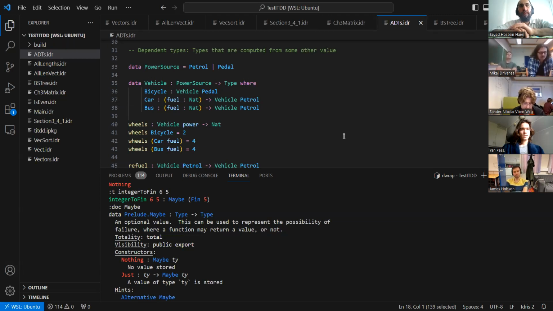So the real difference between Haskell and Idris is in its dependent types. Here's an example. Let us say that we would like to have a data type for vehicles. Vehicles are of two types regarding their source of power.